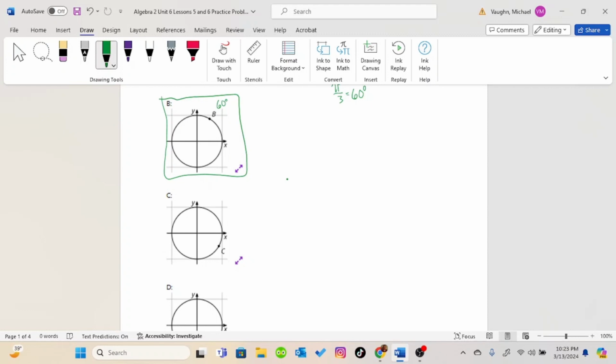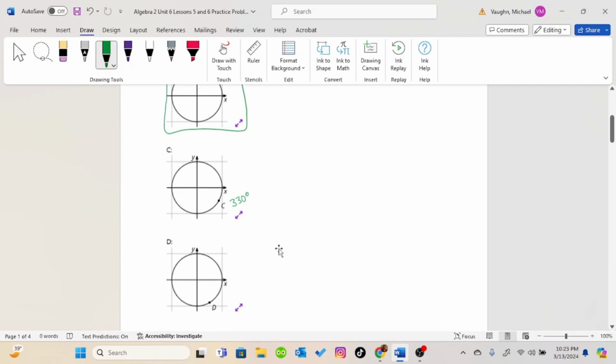C appears to be about 30 degrees before a full circle, so we would say that this is about 330 degrees. And D appears to be about 30 degrees past 3/4. So if 3/4 was 270 degrees, D appears to be about 300 degrees.